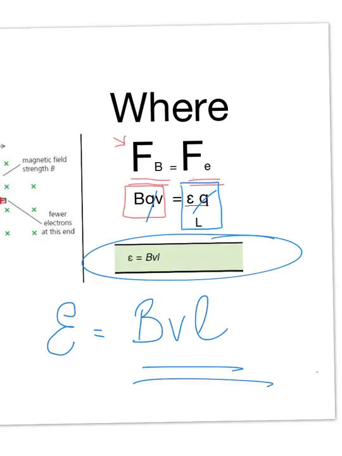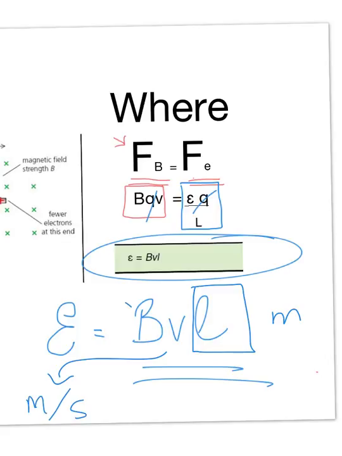So this will give us a measure of the EMF produced when a current carrying wire of length L in meters, moving at a speed of V in meters per second, across a magnetic field strength of B in Teslas.